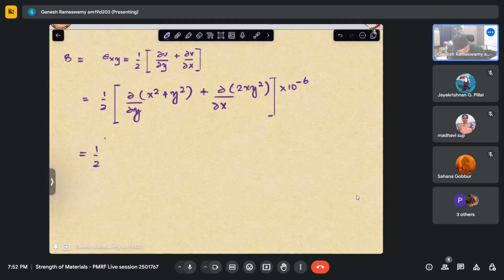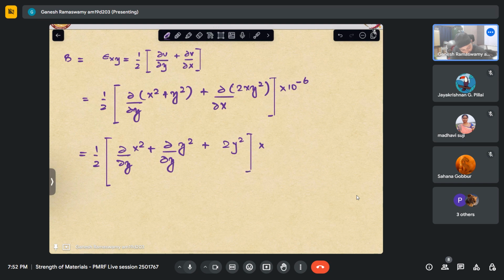So I'll just open this out. Dou by dou y of y squared, plus this will just be this. I can simply use the product rule, but I don't want to go too deep. So this will just be 2y squared into 10 power minus 6.